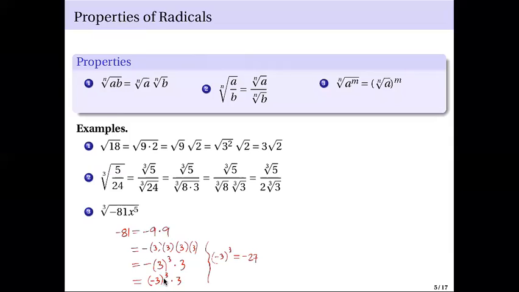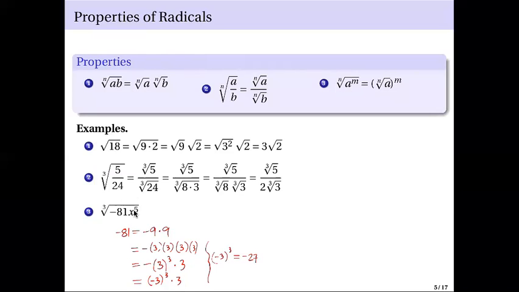Negative 3 times negative 3 is positive 9, times negative 3 is negative 27. Which means we can decompose negative 81 as negative 27 times 3.